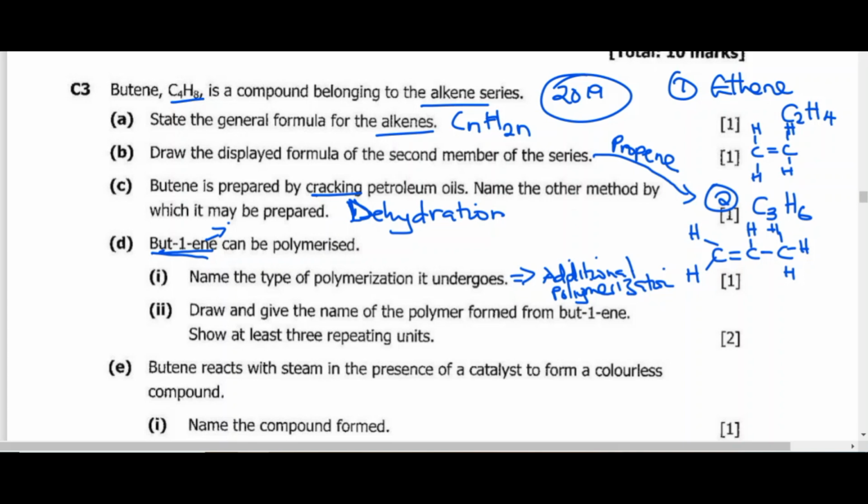Draw and give the name of the polymer formed from butane. Show at least 3 repeated units. So when we say 3 repeated units, meaning butane plus butane plus butane. What are we going to have?